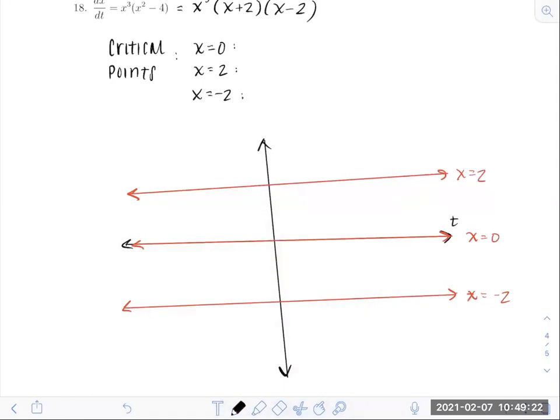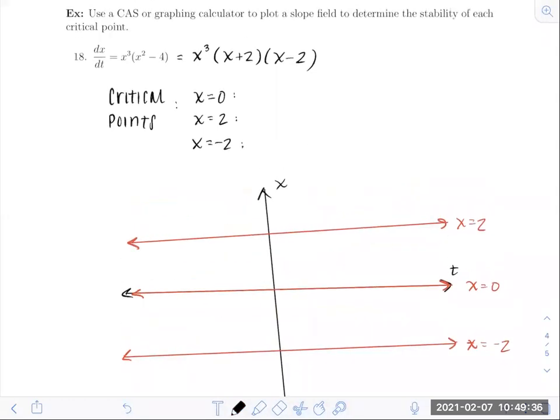So this is the t and x axis. All right, and so we just want to fill in the blanks in these 1, 2, 3, 4 sections above and below each solution curve. All right, so keep in mind our function is x cubed times x squared minus 4.